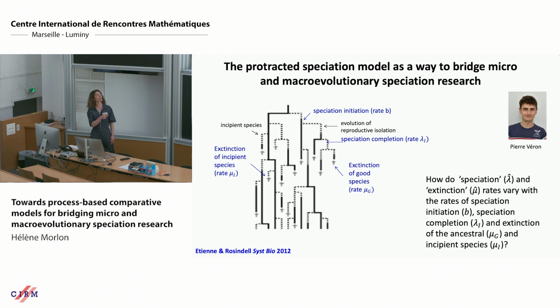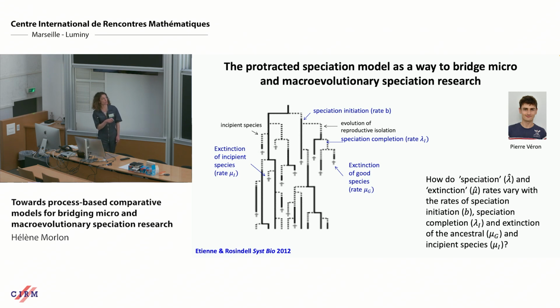We have an ancestral species and an incipient species. Then there's the rate at which speciation completion occurs, so at which an incipient lineage can become good. There's a rate of extinction of a good species and the rate of extinction of an incipient species.